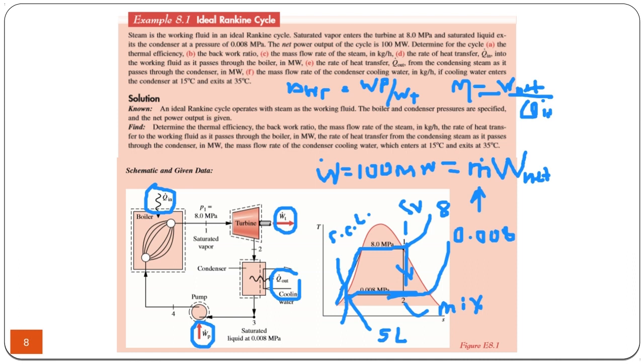Then the rate of heat transfer, Q condenser, this, rejected heat. And then the mass flow rate of the condenser cooling water. So we have found out the mass flow rate of the water. It's also asking the mass flow rate of the cooling water in the condenser.